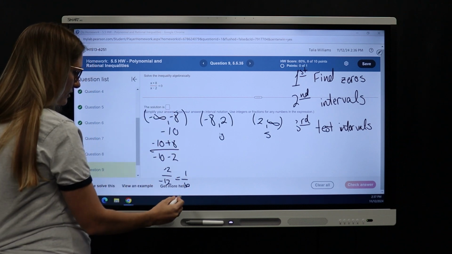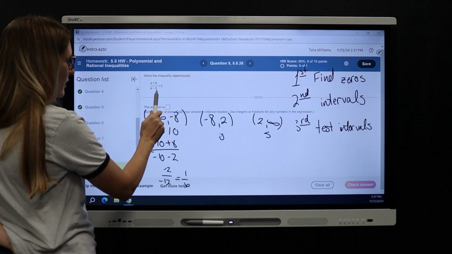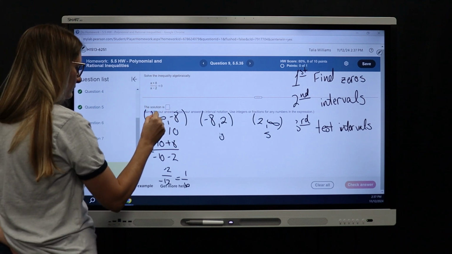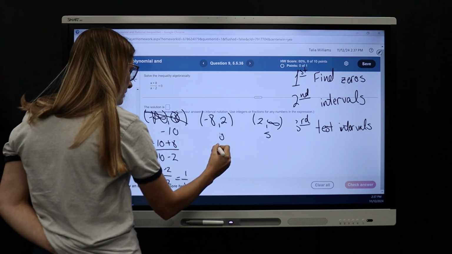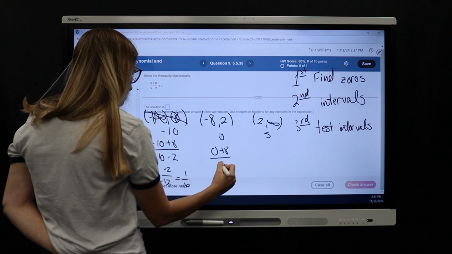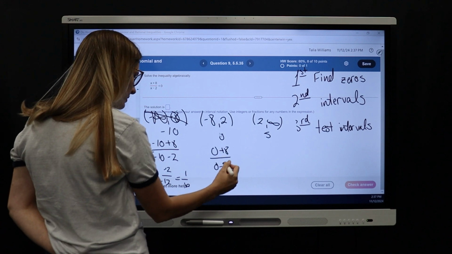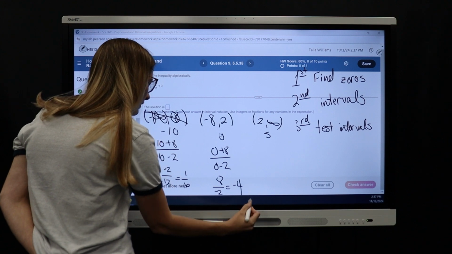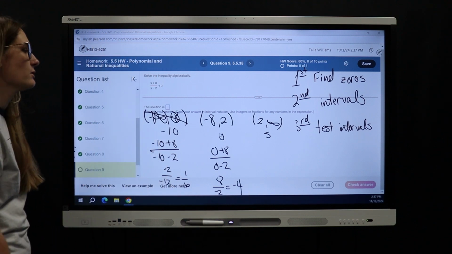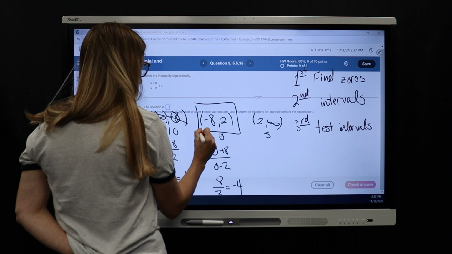You can still type this in your calculator. If it's positive, is it less than 0? It is not. But 0 plus 8 over 0 minus 2, that's going to be 8 over -2, which is -4. Is -4 less than 0? Yes, it is.